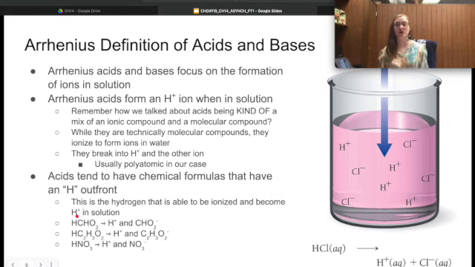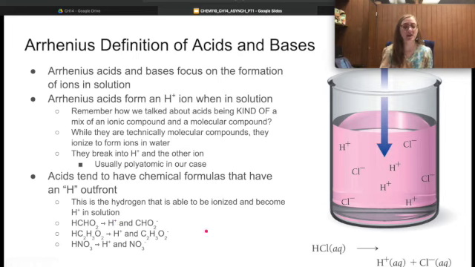So it would be this front H that could be pulled off, and then you would have hydrogen and then the formate ion here. So if you're looking at a chemical formula and it has one of these standalone H's out front, that can be an indicator that you have an acid that is able to dissociate in water.